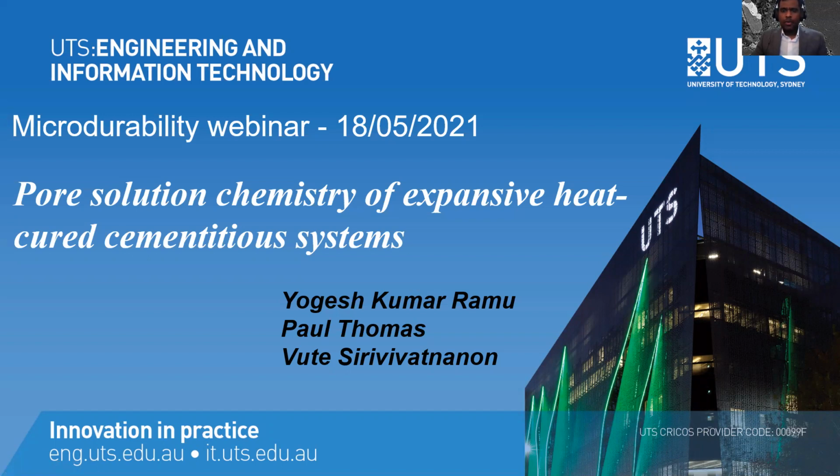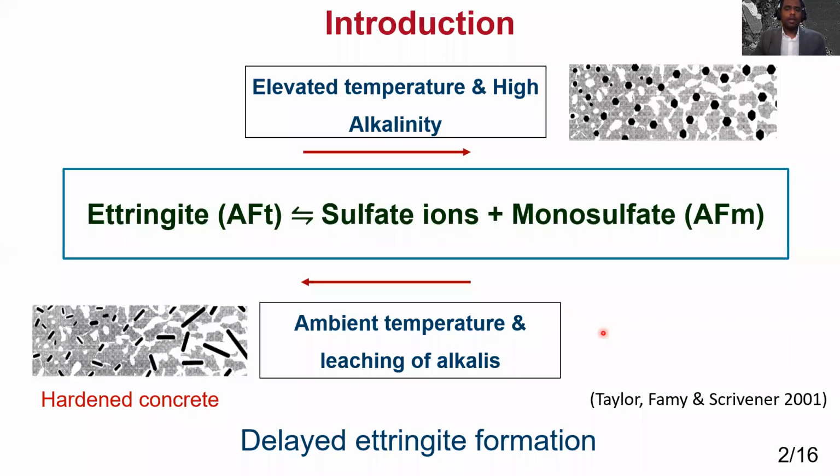For that, first we have to understand the mechanism of delayed ettringite formation. Ettringite, a normal hydration product, precipitates within a day of hydration in normal temperature conditions. However, with the introduction of heat in steam-cured concretes, ettringite precipitation is hindered and monosulfate precipitation is favored, leaving a lot of free sulfate ions.